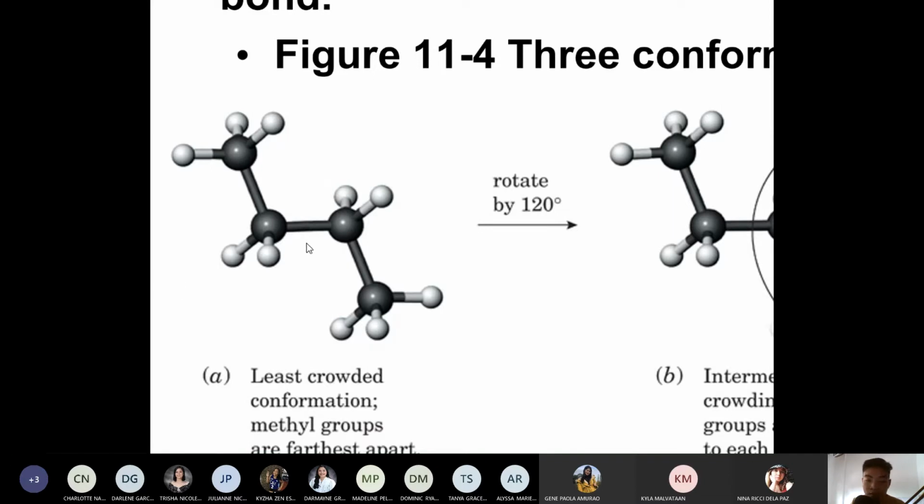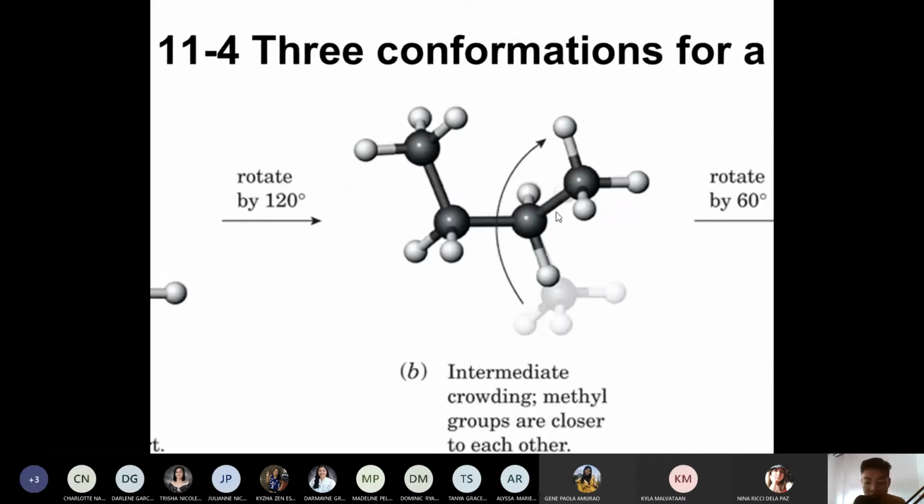However, since yan ay puro single bond lang, your carbon atoms can rotate. Pwede umikot yung carbon atoms kasi single bond lang yan. So, suppose I rotate this carbon by 120 degrees. Ganito yung magiging itsura niya.